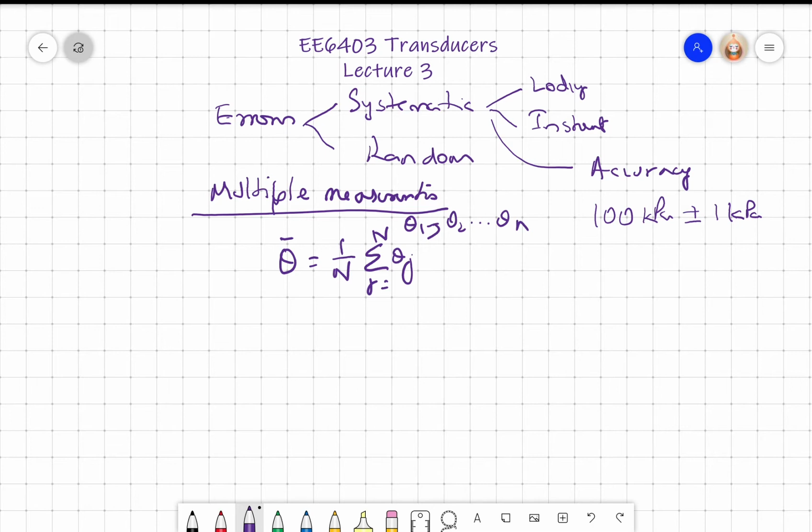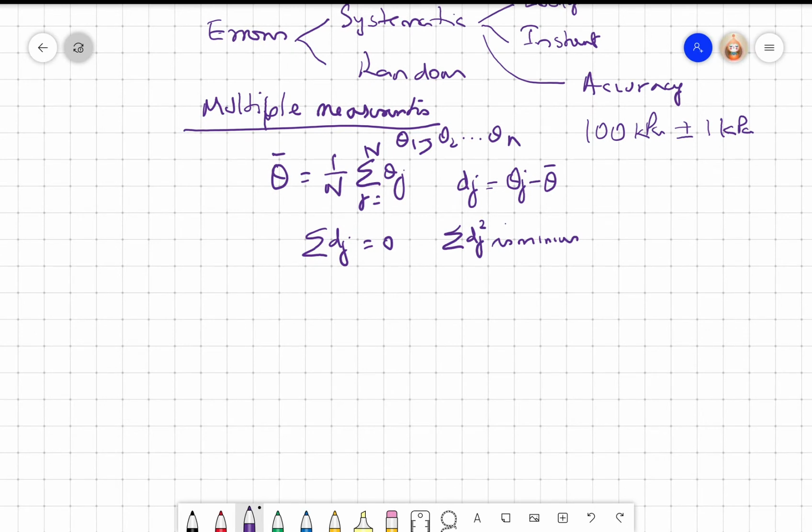Then we calculate the deviation, particular deviation dj is theta j minus theta bar, and we have already seen that sigma dj equal to 0 and sigma dj square is minimum. If I add all the deviations, it will go to 0. That is how we calculate the average value.